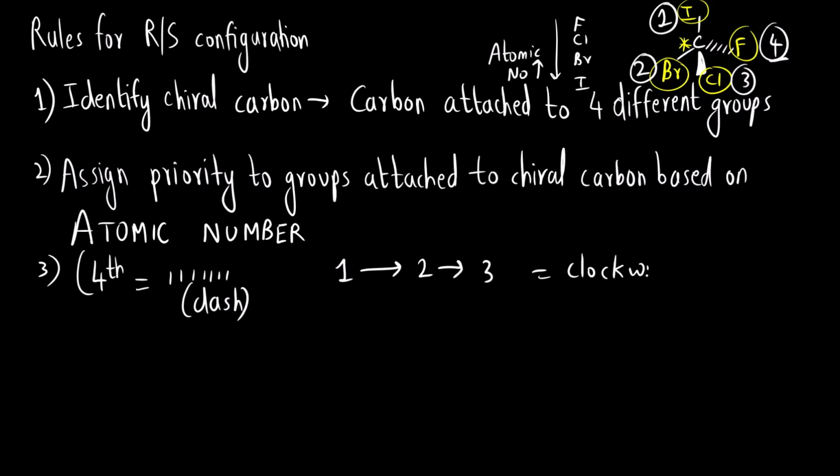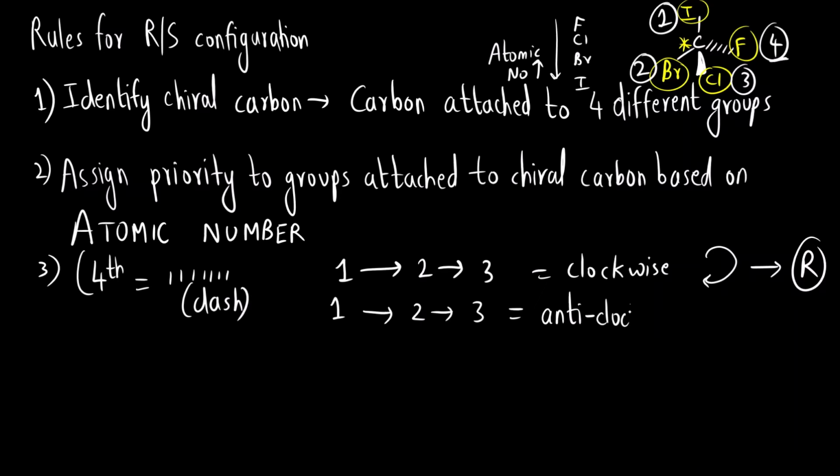If it is clockwise, like this, just like a clock moves, then the configuration will be R. And if 1 to 2 to 3 is anti-clockwise, or we can say counterclockwise, both mean the same, that is the opposite direction, then we say it is S.